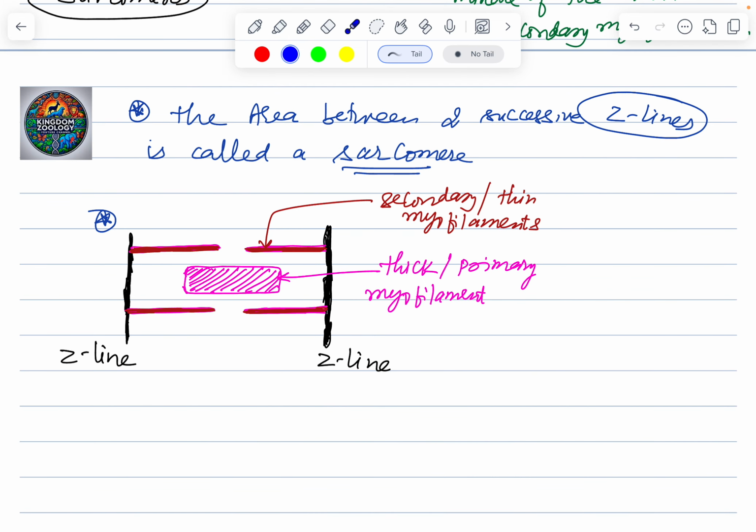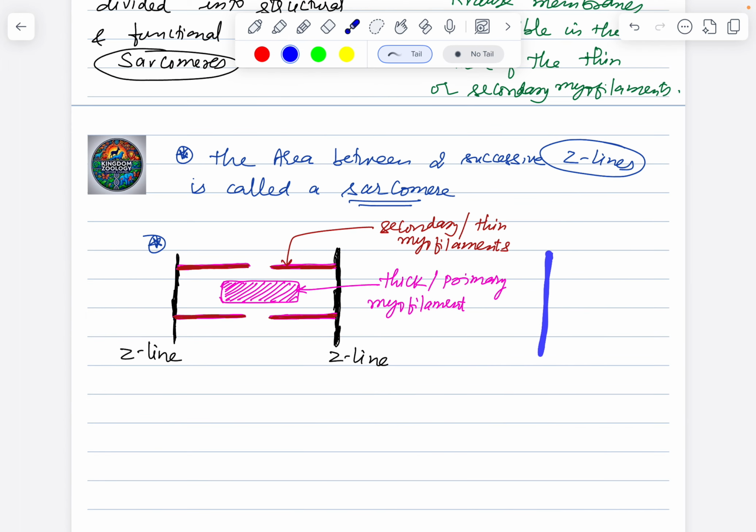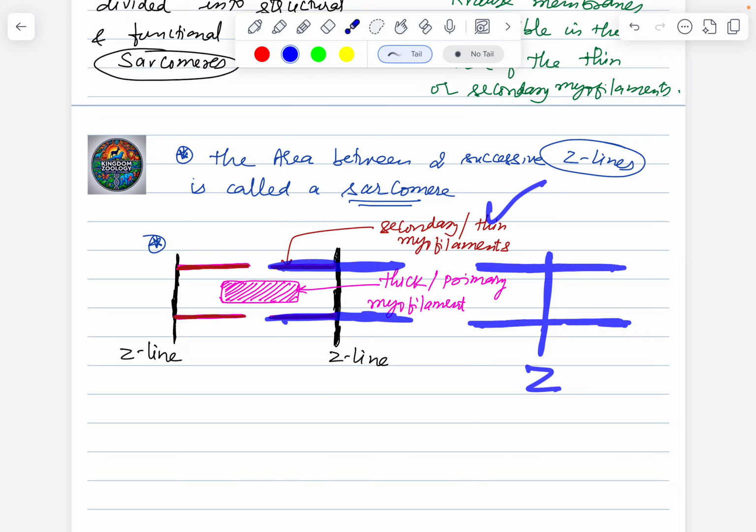If this is one sarcomere, over here will be the next Z line. So as you know, this will be the entire complete structure of your secondary or thin myofilament. On this side also one more secondary or thin myofilament set. Over here one more primary or thick myofilament. So we can notice that this is the next sarcomere, and the structure will just continue.